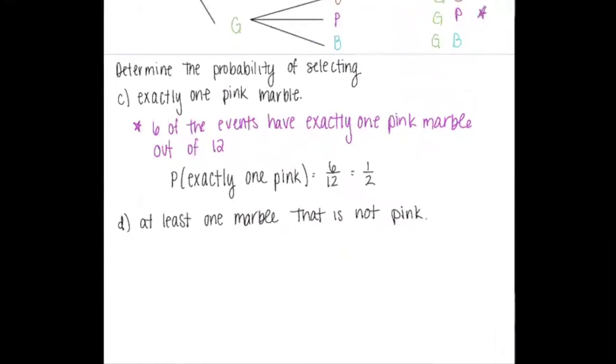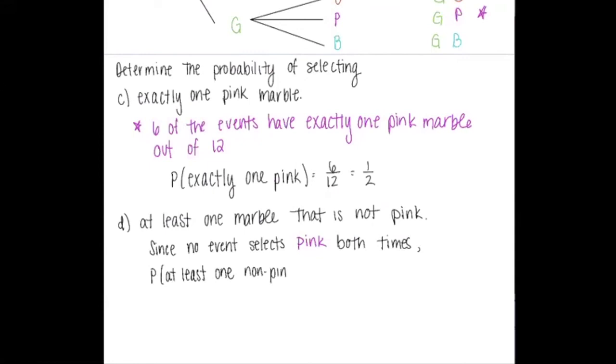So another way you can think of it is since no event selects pink both times, the probability of at least one non-pink is 12 out of 12, or a 100% chance.